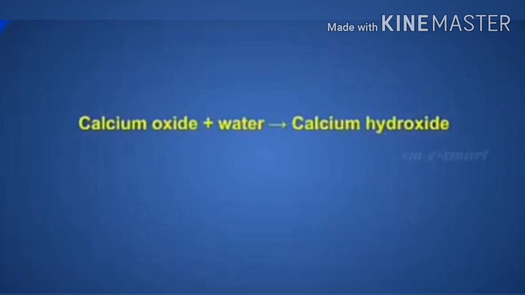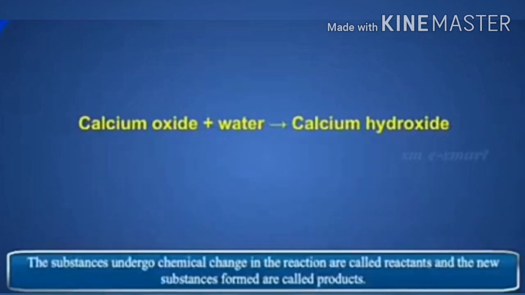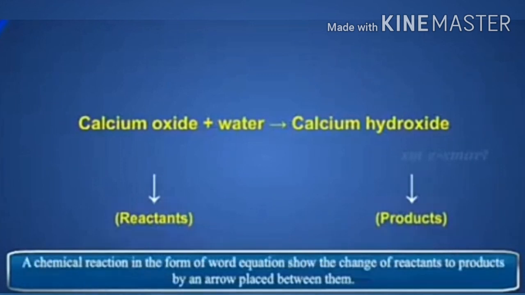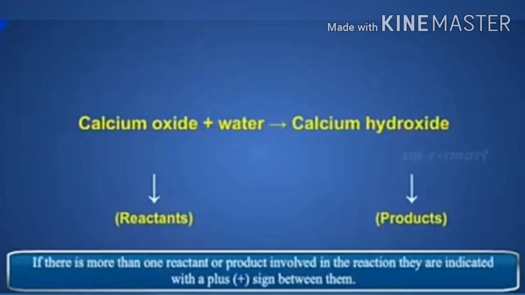The substances that undergo chemical change in the reaction are called reactants, and the new substances formed are called products. A chemical reaction in the form of a word equation shows the change of reactants to products by an arrow placed between them.